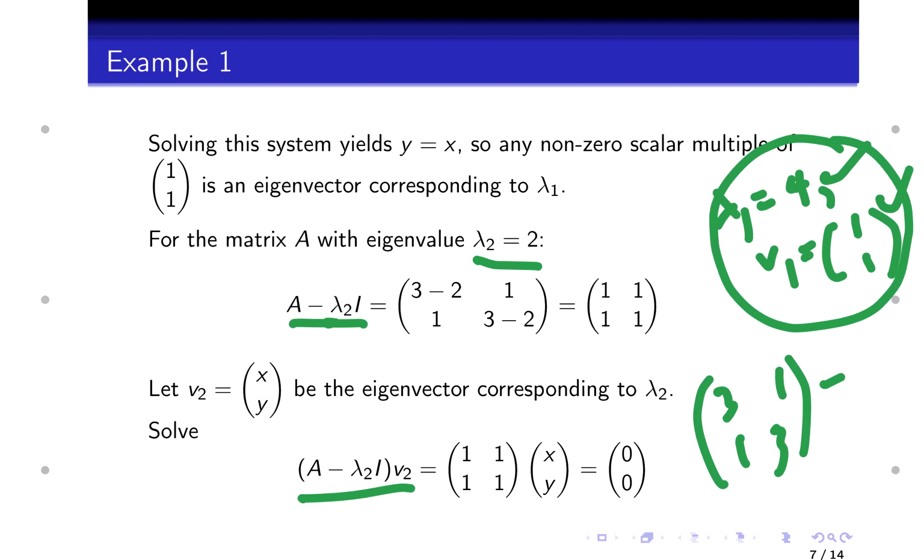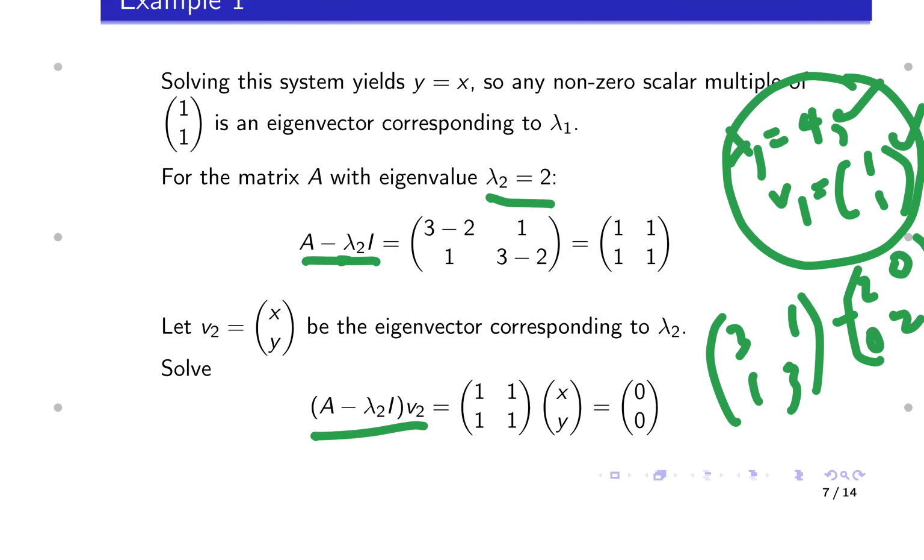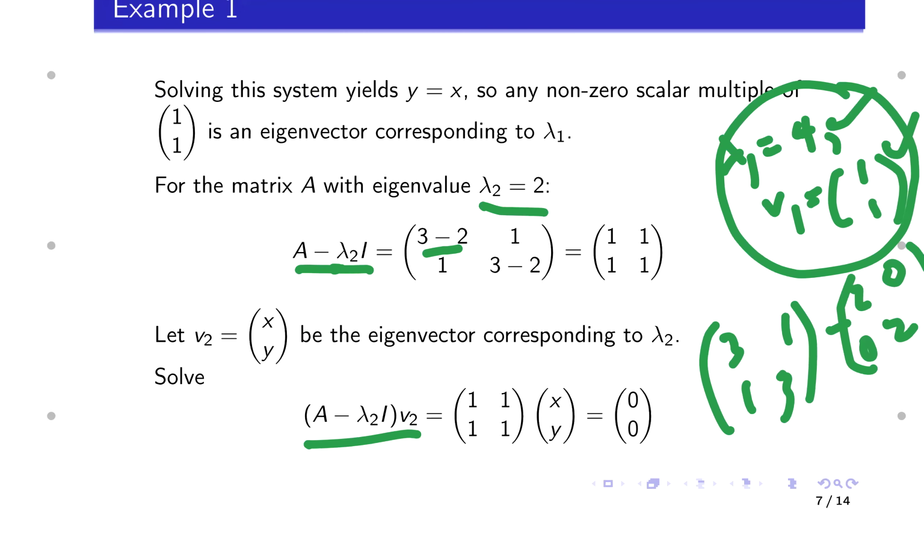So 3 minus 2 is 1, 1 minus 0 is 1, and 3 minus 2 is 1. So you have 1 all through, a matrix of all ones.